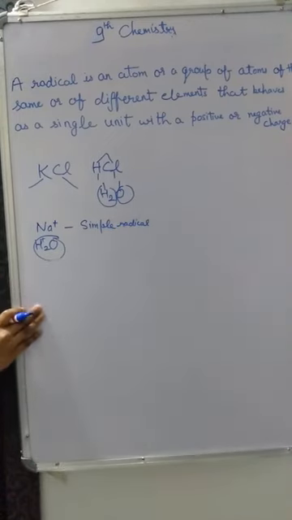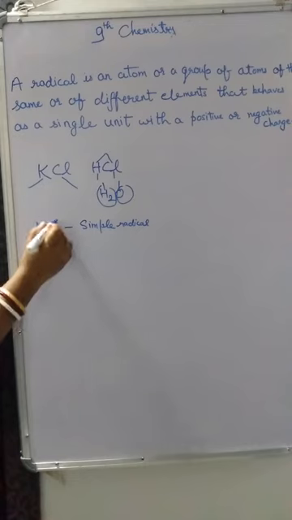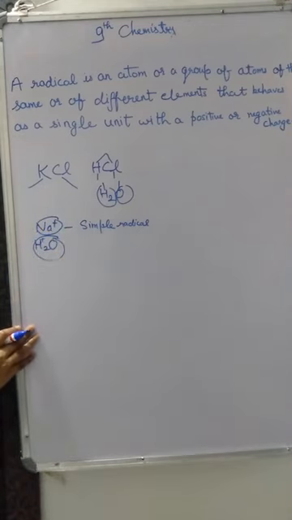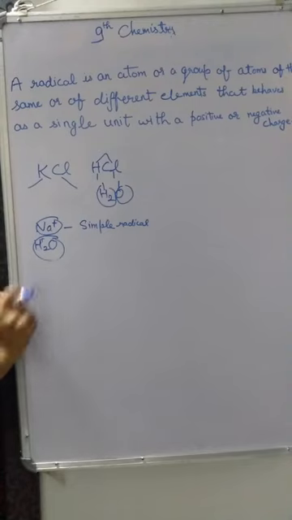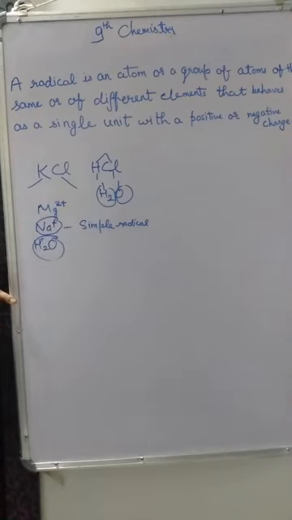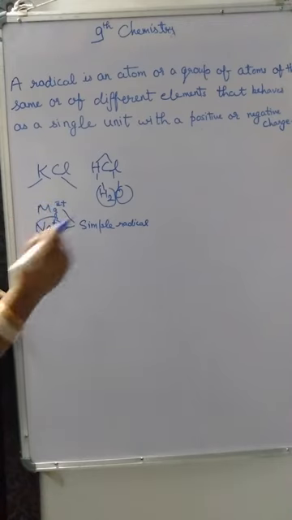Like sodium and magnesium also you can write. Magnesium, charge you have to write, either it is positive or negative. So when it is having only one atom, these types of radicals are called simple radical.